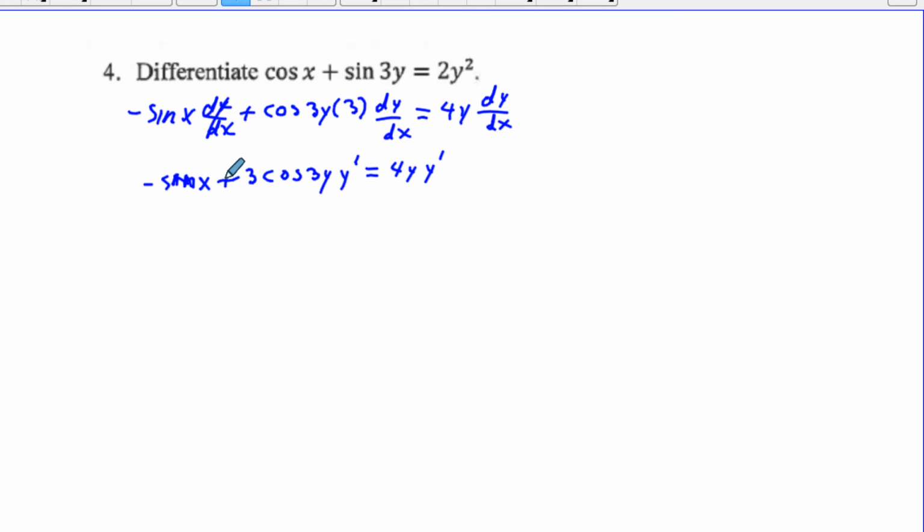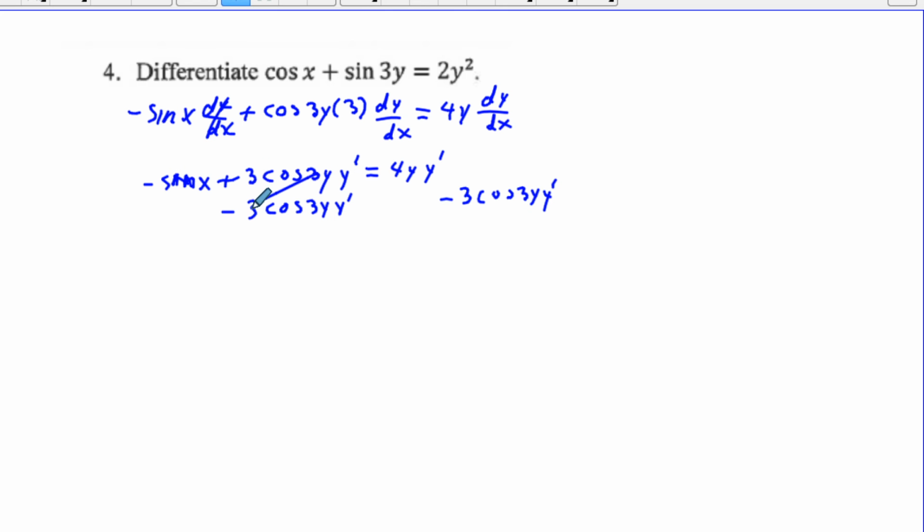Okay, we're going to get everything with the prime on one side of the equation, so I'm going to subtract 3 cosine 3y y prime, and do the same thing on this other side, minus 3 cosine 3y y prime.